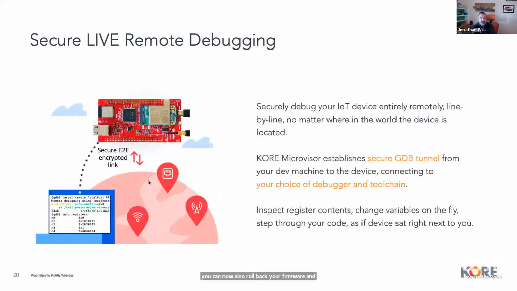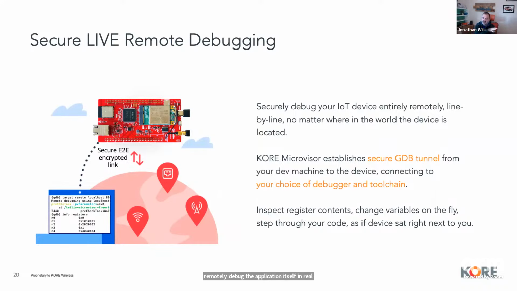On top of Microvisor providing the edge device with connectivity, security, and the unbrickable over-the-air firmware updates that we've just talked about, Microvisor also provides the ability to securely remotely debug the application itself in real time.